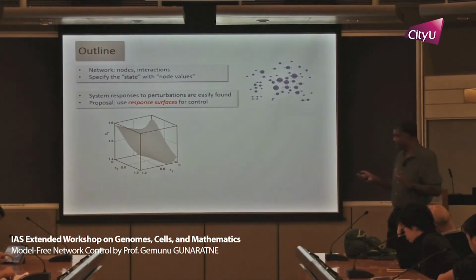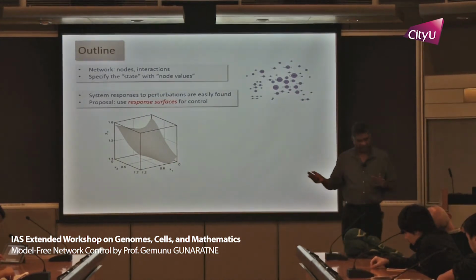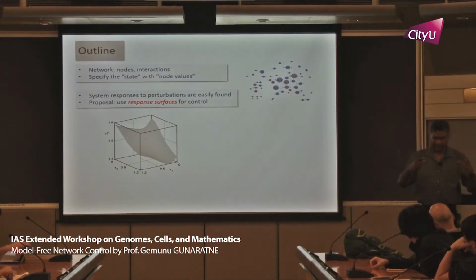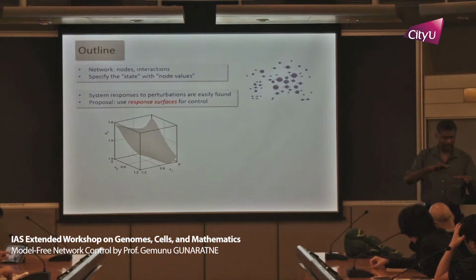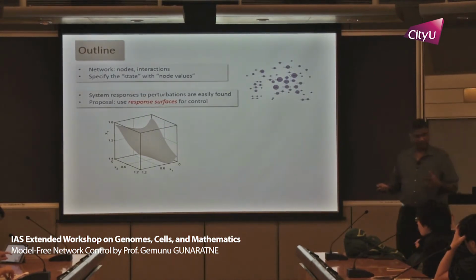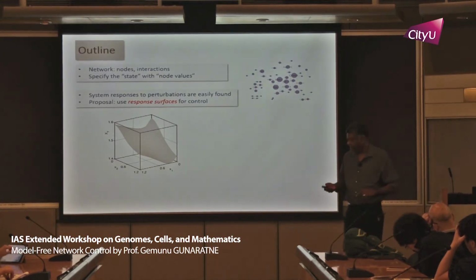So all I have to know is what these response surfaces are. I don't need to know anything about the network, but I need to know how the system responds to perturbations, and that's enough to design a control method, and that's what I'm going to show you.